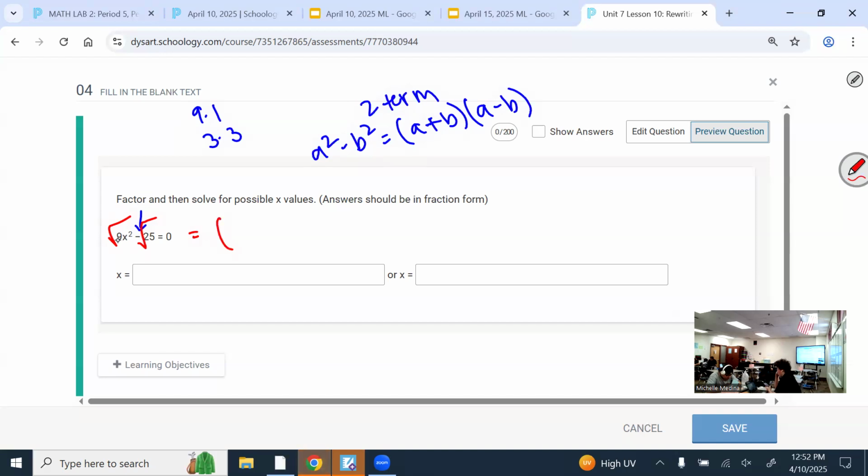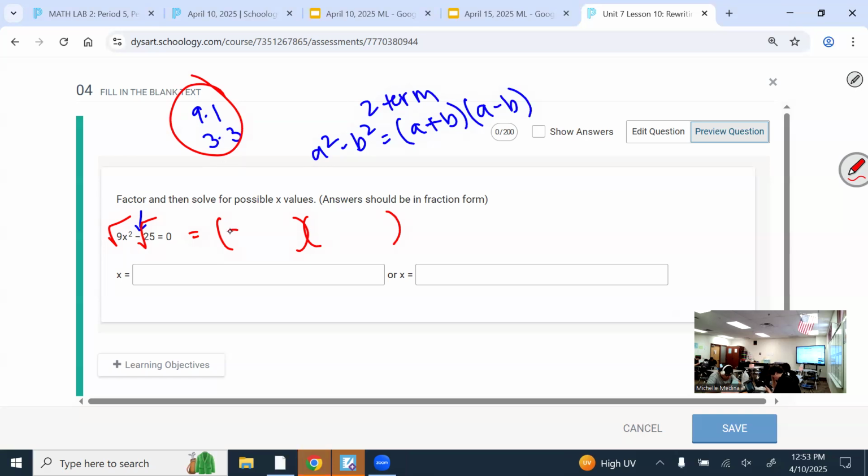When I do that, what's the square root of 9x squared? What times what will give me 9? These are the only factors of 9.